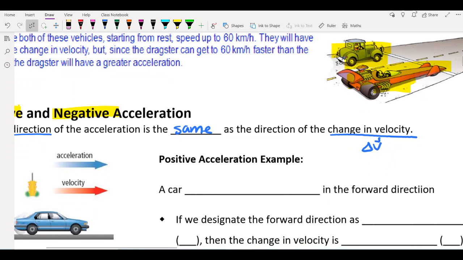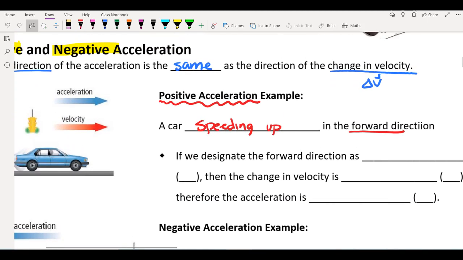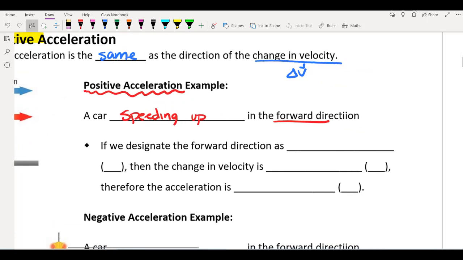Now let's link up the last page to the statement here. If we have positive acceleration, here's an example. We need to have a positive change in velocity. So a car speeding up in the forward direction would be an example of positive acceleration. Let's break this down.